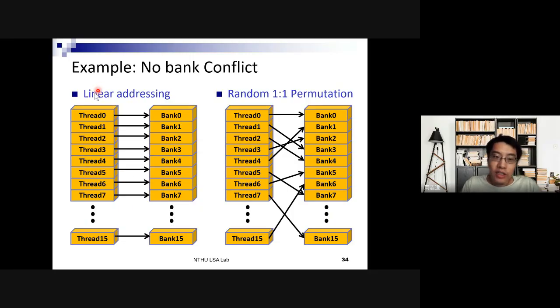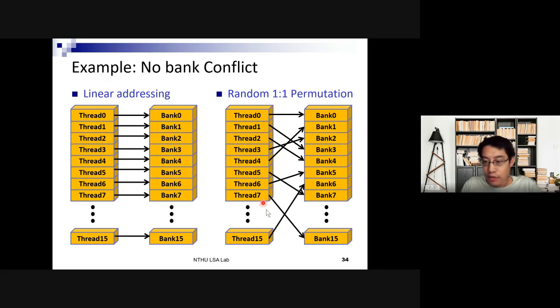So linear addressing can always avoid bank conflict, but sometimes you don't need linear addressing to avoid bank conflict. As a matter of fact, you can have any access pattern as long as they are a one-to-one permutation, then you won't have a bank conflict.